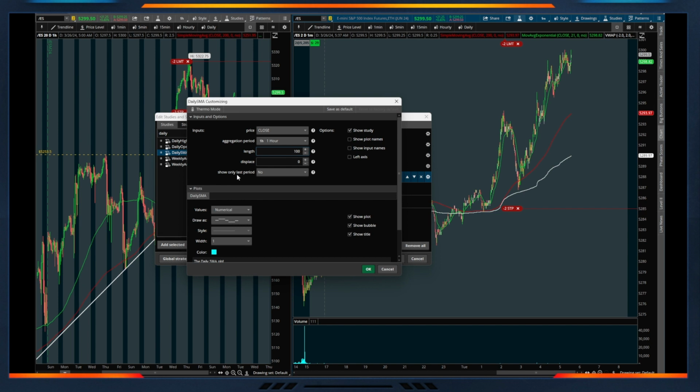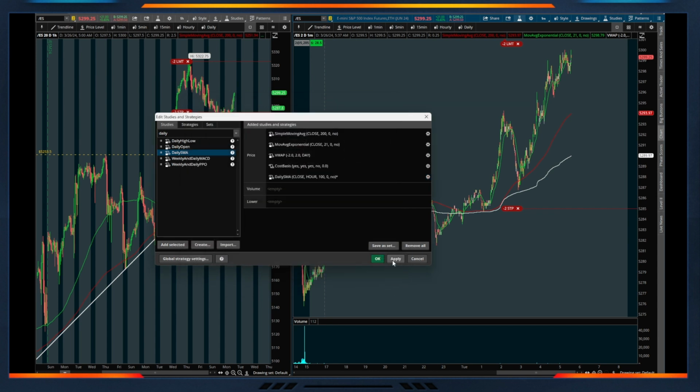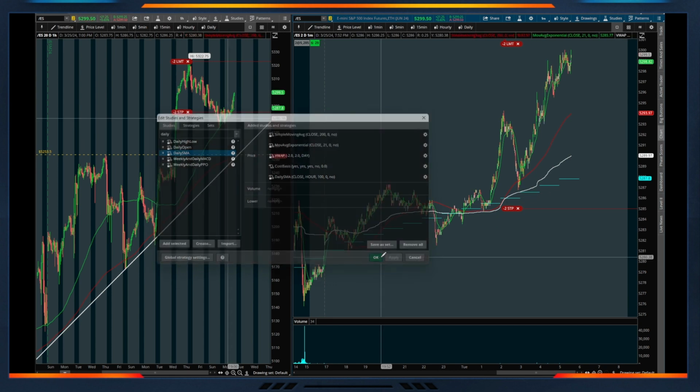And we don't want it to show only certain periods, so we can leave this as no as well. That's really all you have to do. By specifying the time frame and then the moving average length, we can click OK and apply. And you'll notice this adds that moving average to our 1 minute chart.